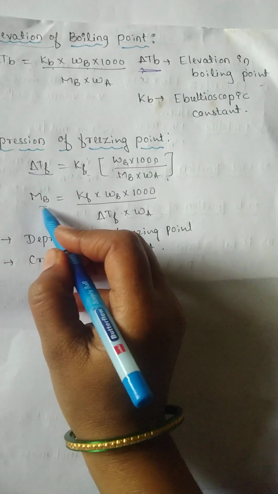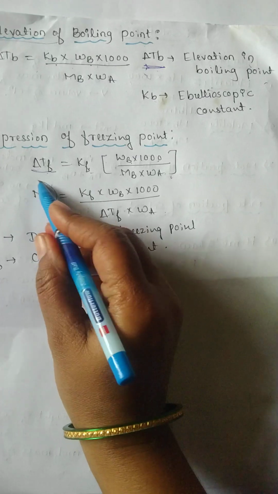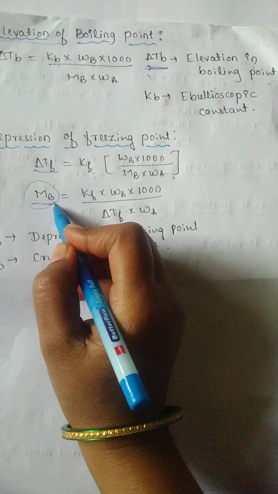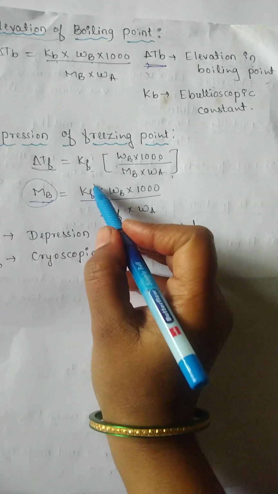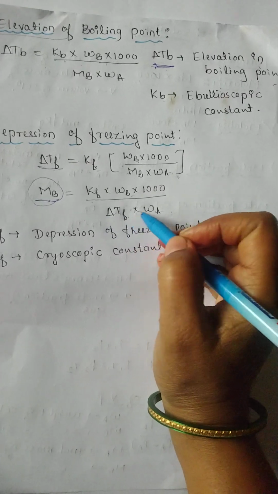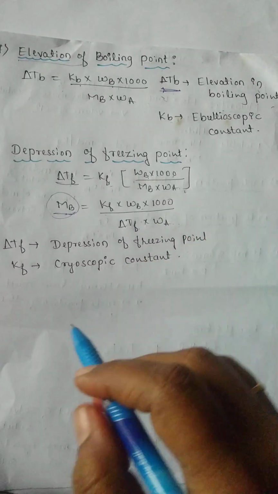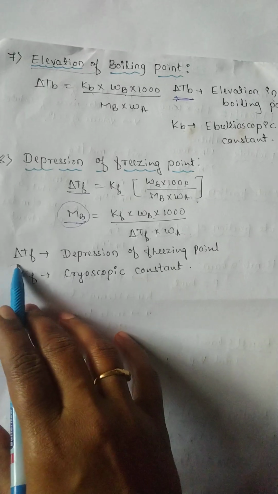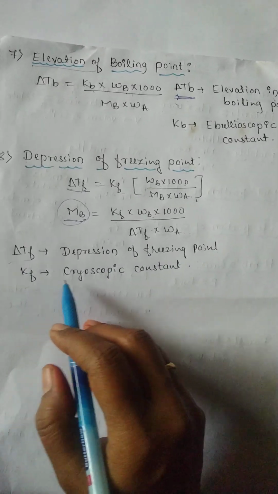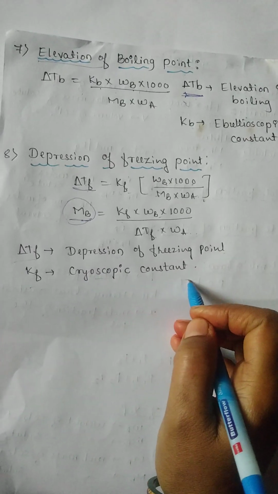Here, if they ask for calculating the molecular mass of a solute, we can interchange: Mb is equal to Kf into Wb into 1000 divided by delta Tf into Wa. So here we know that delta Tf is the depression of freezing point and Kf is the cryoscopic constant.